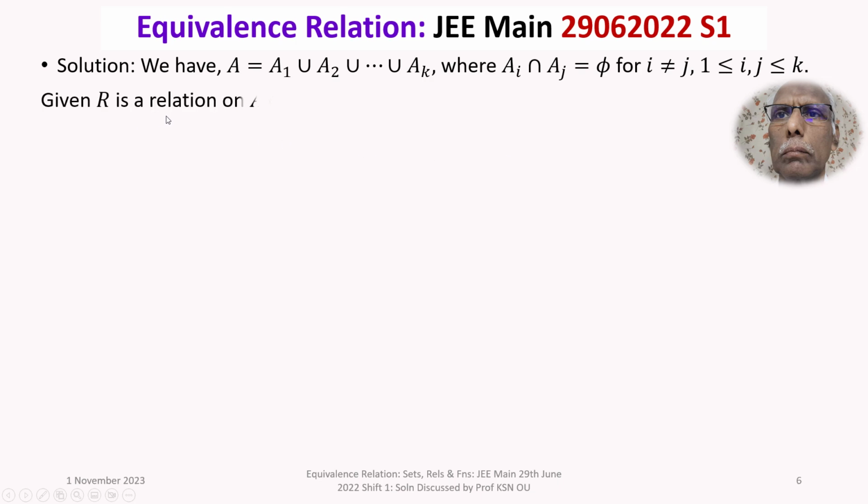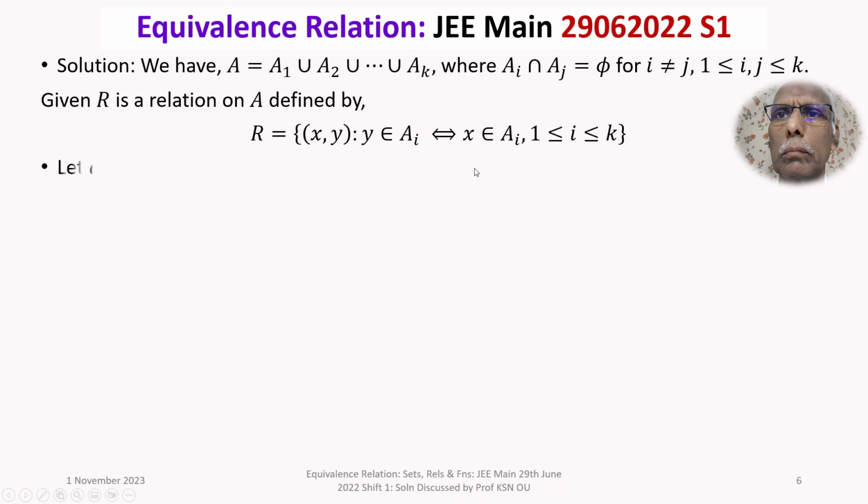Now, given R is a relation on A, from A to A, defined by R equal to the set of all ordered pairs (x, y), where the second component y belongs to Ai if and only if x belongs to Ai, 1 less than or equal to i less than or equal to K. It amounts to say that an ordered pair (x, y) belongs to R if and only if both x and y come from the same set Ai. That's what it says.